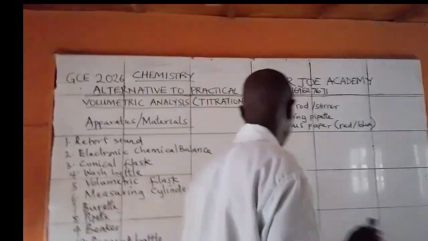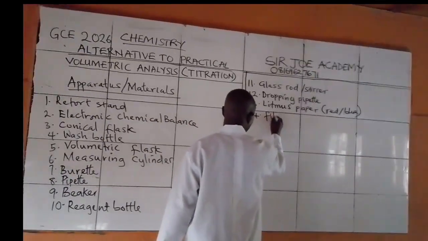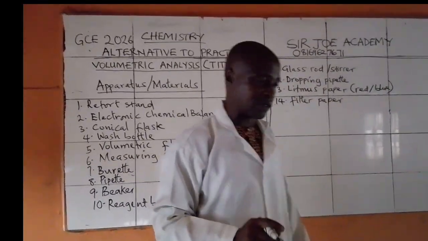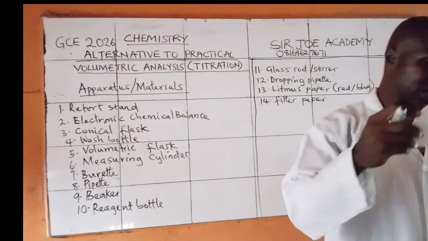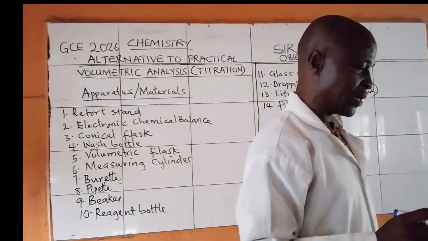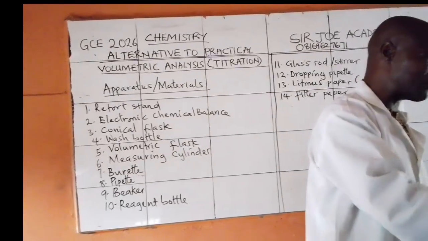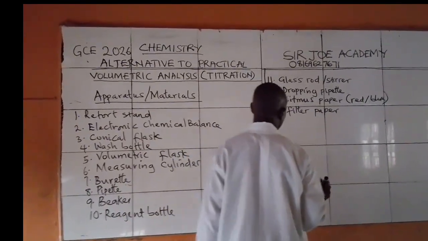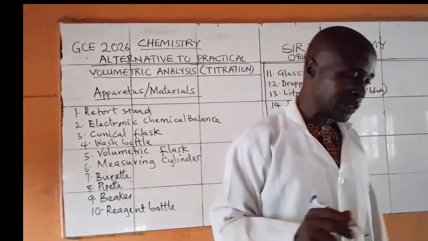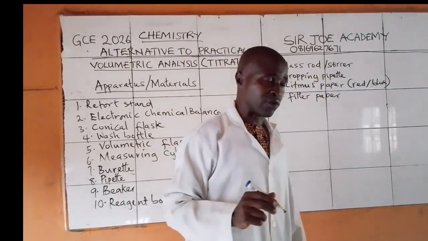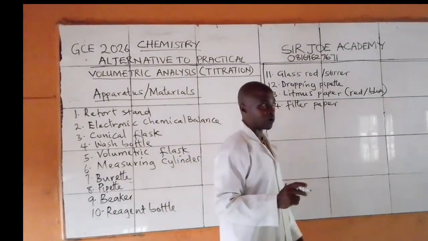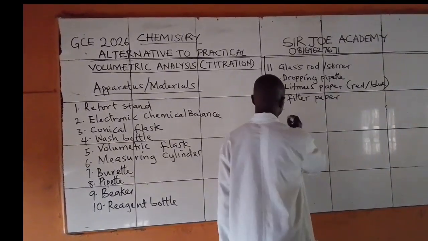Filter paper is placed on top of the base of a retort stand when experiment is going on to detect the actual time that the color has changed from one color to the other.